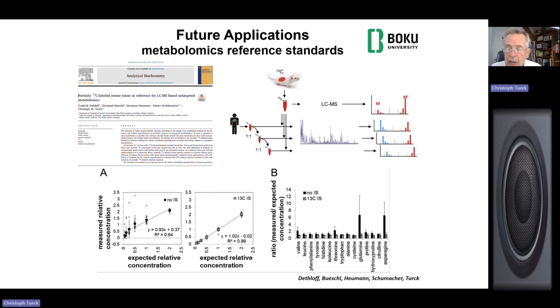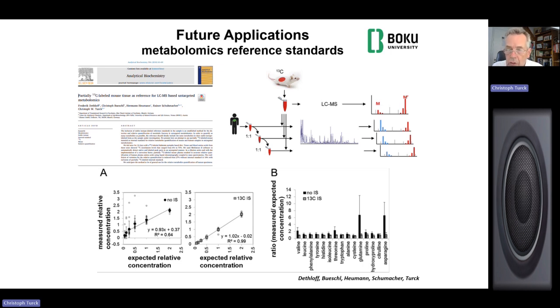My postdoc at the time, Frederick Detloff, who's now at the Max Planck Institute for Aging Research, did a dilution series where he mixed human plasma, which is of course of great interest, with mouse plasma that was partially labeled with 13C. As we probably all know, mouse and human are not identical, but they share a lot of metabolites, especially in the blood.